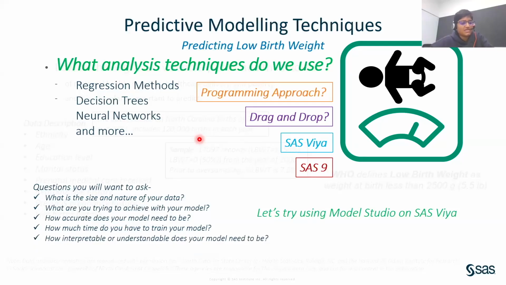And last but not the least, because here you are talking about causes as well, you also need to figure out if your model needs to be interpretable or understandable in nature. A neural network model is not really understandable. But if you still want to use a neural network model, hey, go ahead, be my guest. But attach a regression or a decision tree later on.